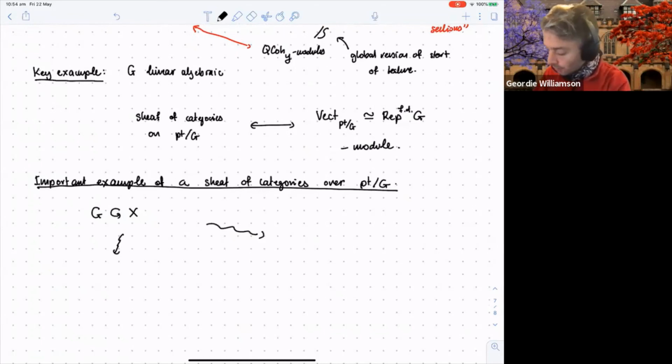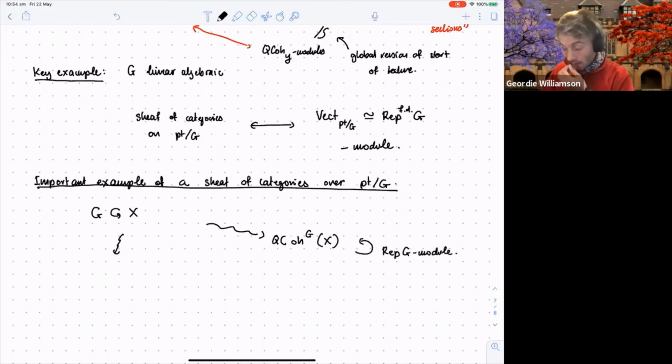The first is the abelian category of G-equivariant quasi-coherent sheaves on X. And this is a rep G module.